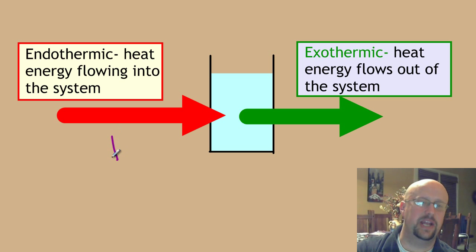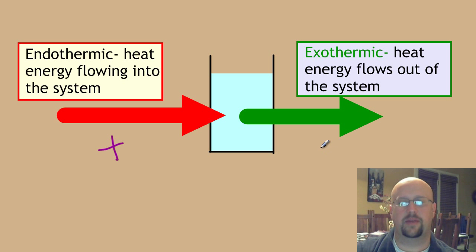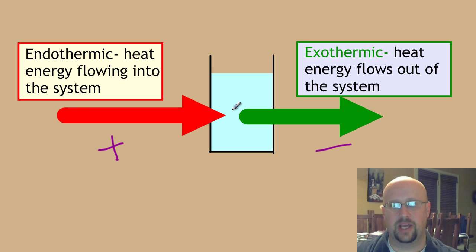If we had an endothermic heat, that had a positive sign. And if we had an exothermic heat, that had a negative sign. Because in endothermic, the system, the stuff in the beaker here for us, is gaining energy. In exothermic, it's losing energy, so that's negative.